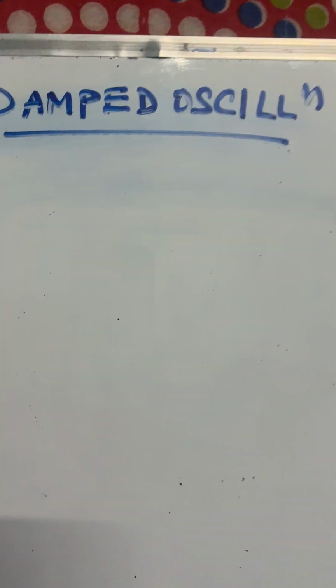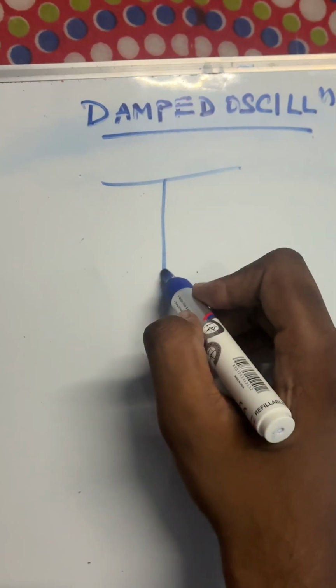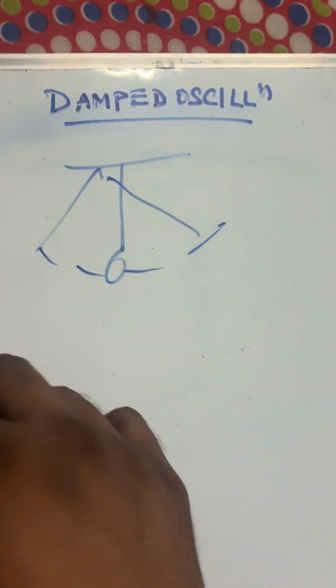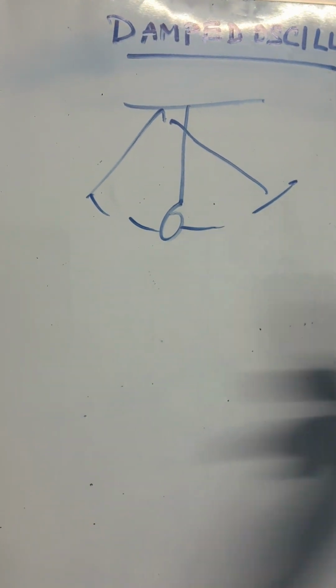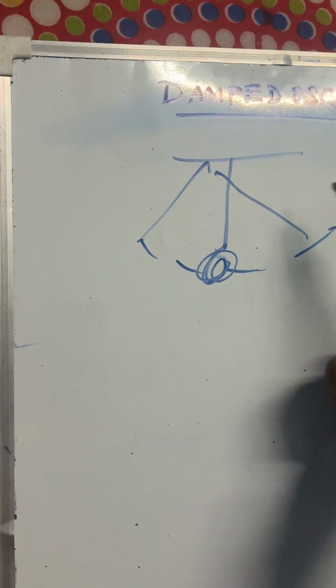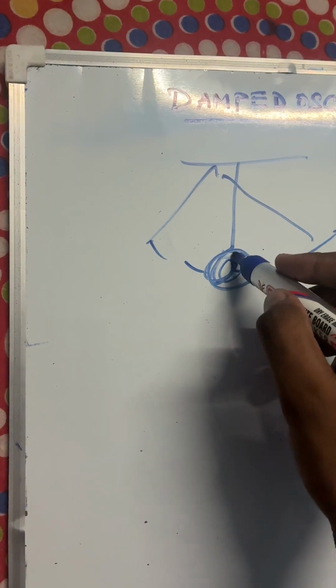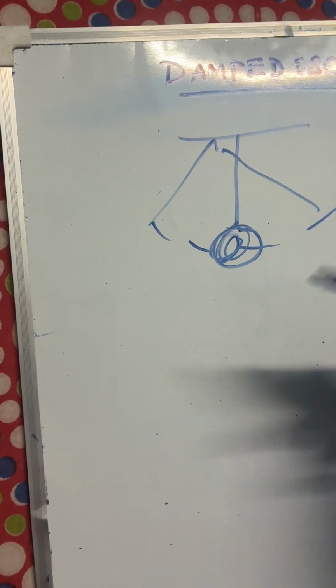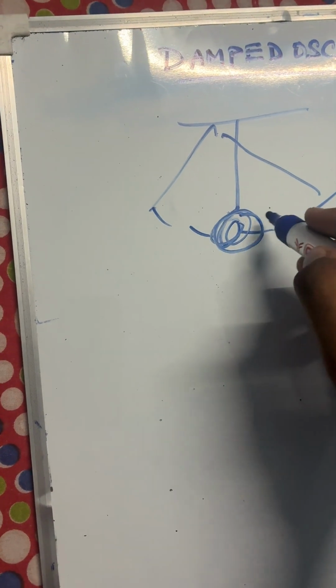Damping means influence within. So there is an oscillating system, right? This is oscillating about its mean position. So this pendulum just gets influenced within or upon by the effect of some force.